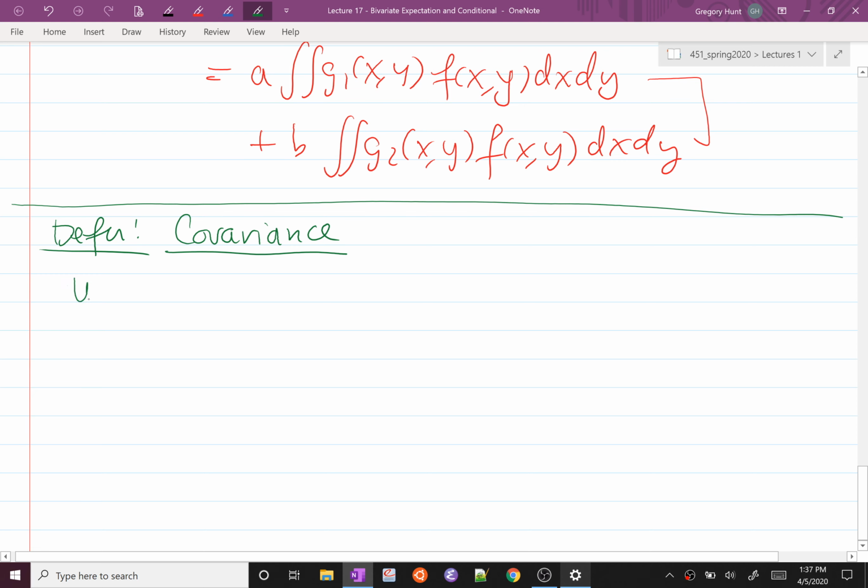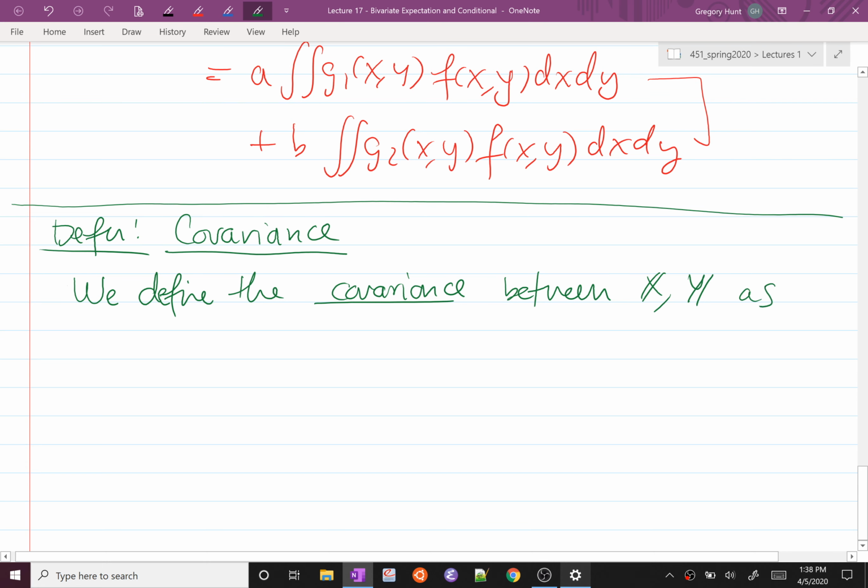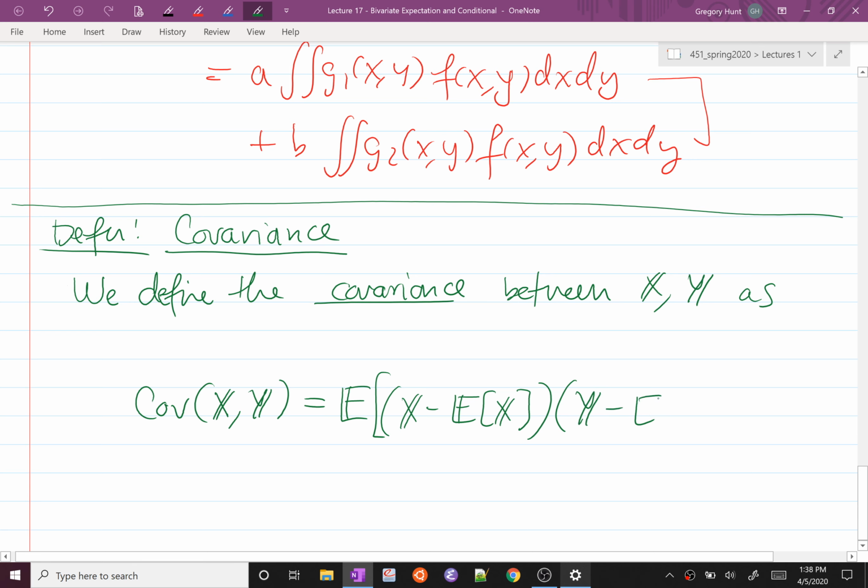And we define the covariance between two random variables, x and y, or two components of a bivariate random variable, however you want to think about it, and we write it COV x comma y, and this is defined to be the expected value of x minus its expected value times y minus its expected value.